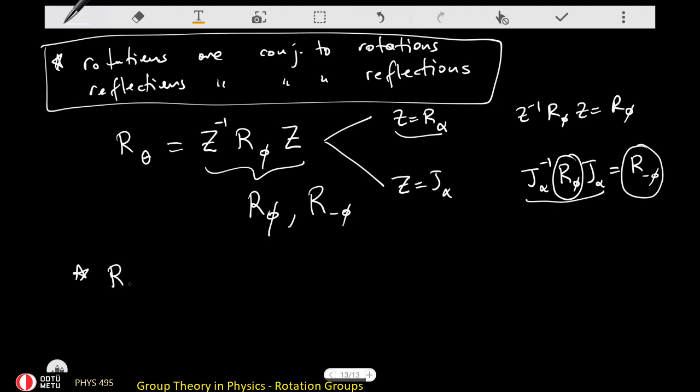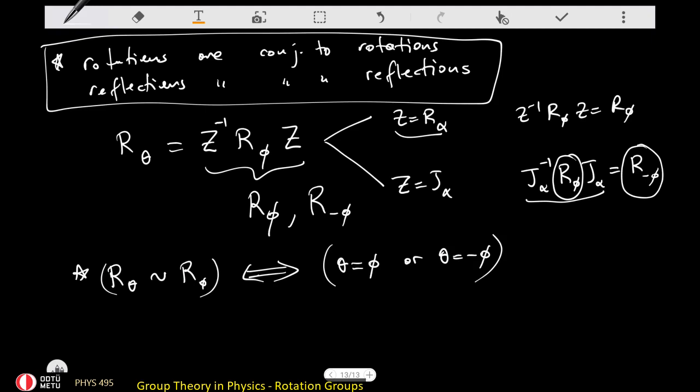R theta is conjugate to R phi if and only if either the angles are the same or the angles are opposite. Which means the conjugacy classes of rotations are basically a rotation by theta and rotation by minus theta, its inverse, which forms a conjugacy class.